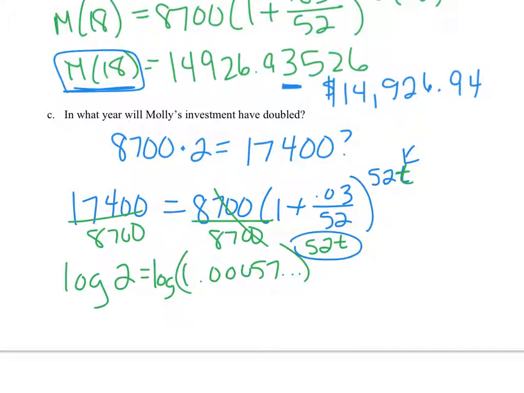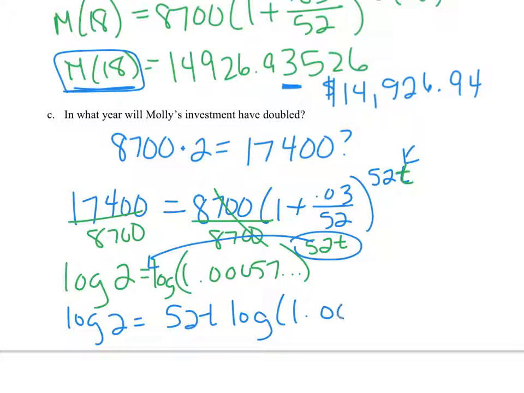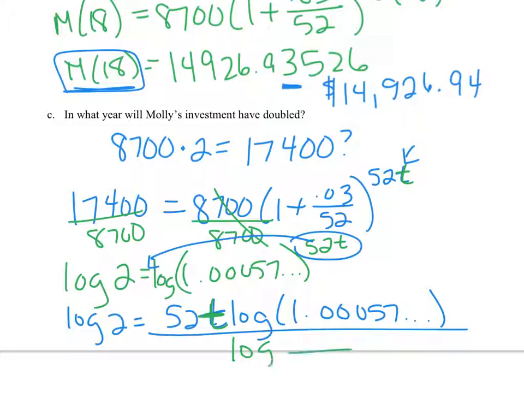You run the risk of losing a lot of money, in this case, if you leave a decimal out. I'm solving for this t right here, so I'm going to divide by the log of this mess.